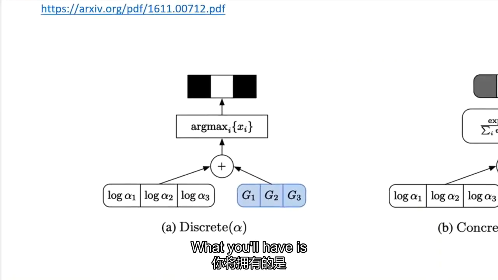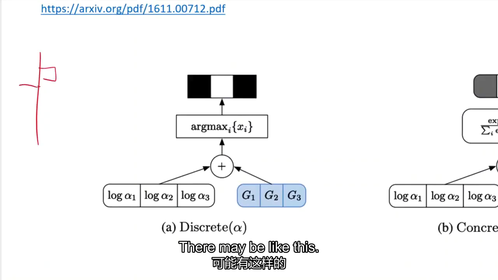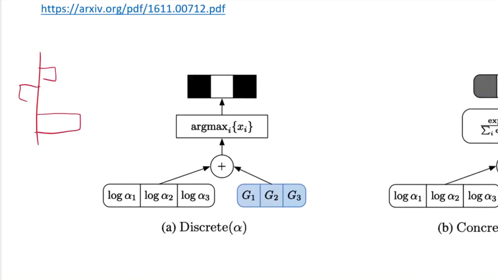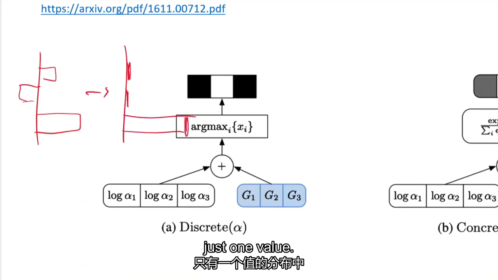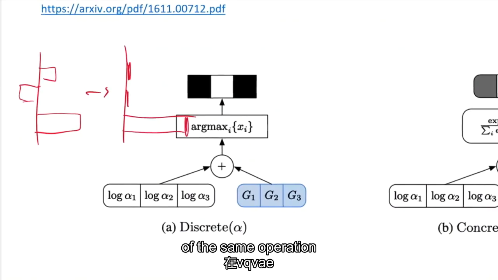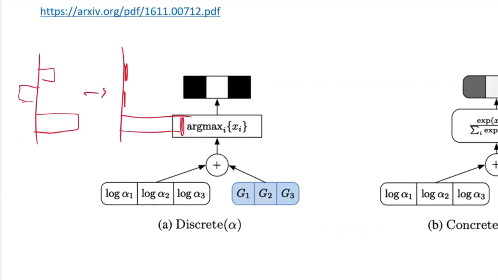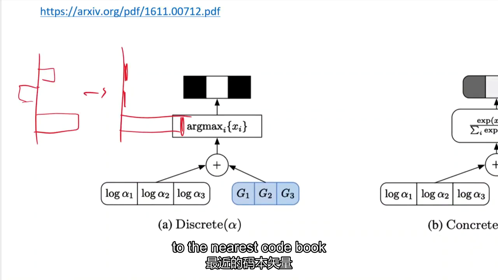What you'll have is some sort of logits, and you take the argmax of it, which means that you put it into a distribution where it's just one value. And this is sort of the same operation as in the VQVAE, where we assign each output of the encoder to the nearest codebook vector. We say you can only have one of the codebook vectors, that's it, right?